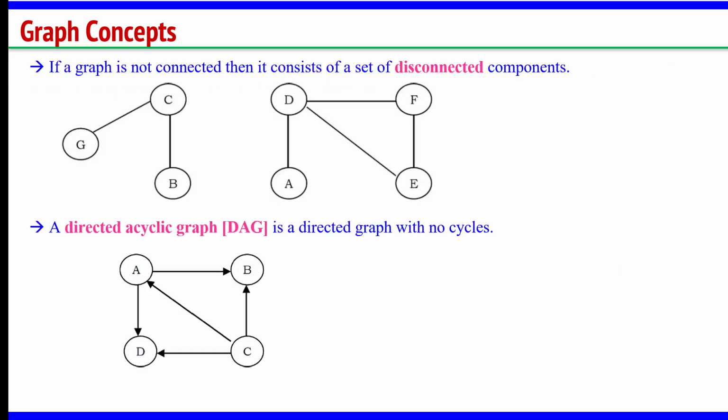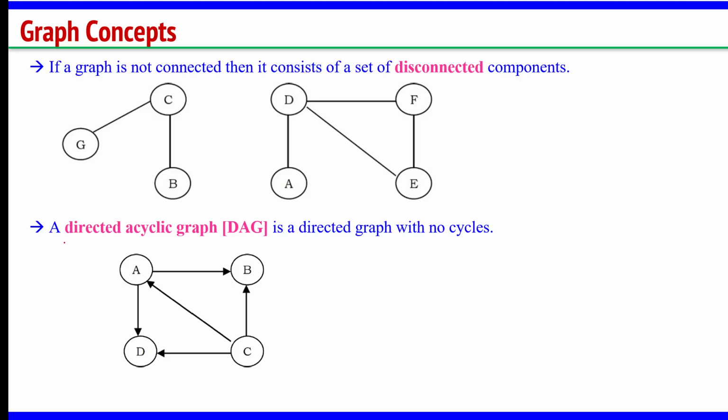Next, these are disconnected components, disconnected graphs. We can say this and this are disconnected because there is no edge between these two sets of vertices, there is no edge between C and D, C and A. Then we say these are disconnected.